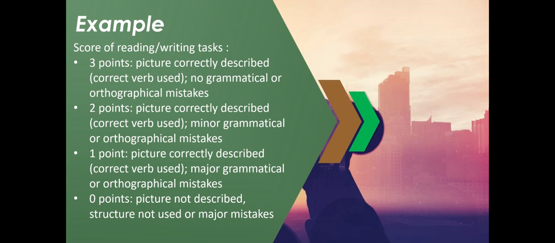We can give 2 points for the picture correctly described, minor grammatical or orthographical mistakes, and 1 point for the picture correctly described, but major grammatical or orthographical mistakes, and we can give 0 points for the picture not described and structure not used or major mistakes.